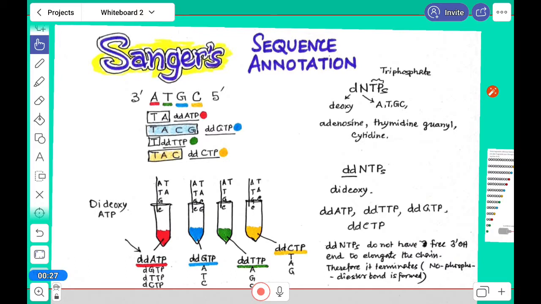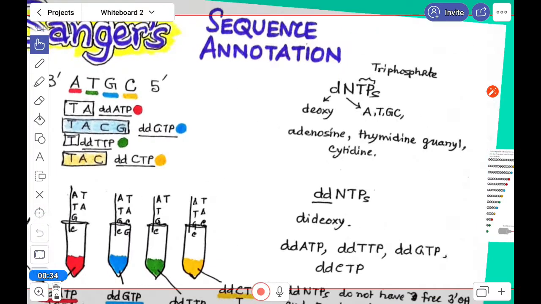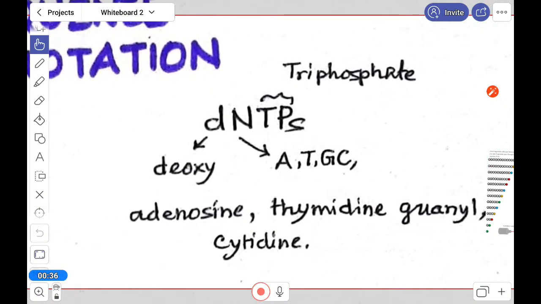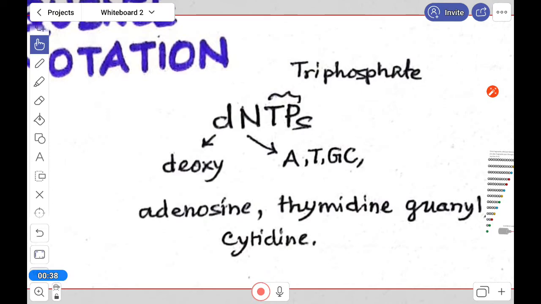First of all, we have to understand DNA replication. In DNA replication, the raw materials used are dNTPs. It means deoxyadenosine triphosphate, deoxythymidine triphosphate, like that.